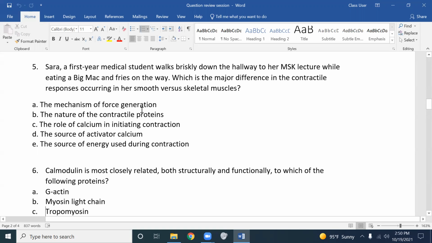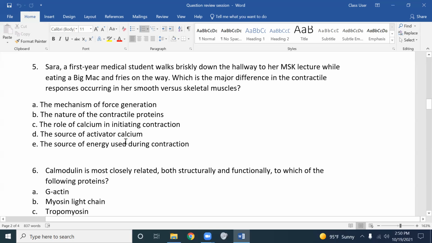There are a few differences between the way the actin and the myosin are arranged, but actin and myosin go over each other. B, the nature of the contractile proteins, is exactly the same myosin and actin in both muscles. There is not a smooth muscle actin. You understand what I'm getting at? They're exactly the same.